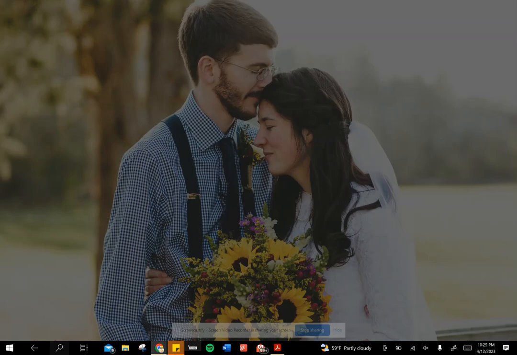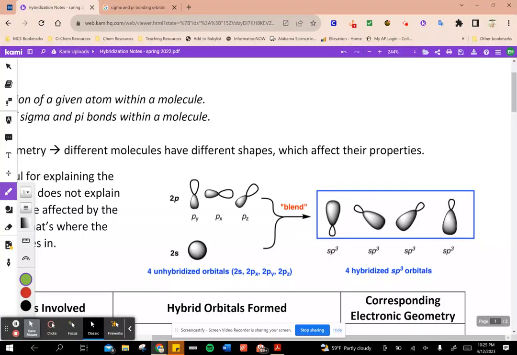And so what we're going to look at is the different ways that they do that. Now, oftentimes the orbitals will do what's called hybridization before they overlap. If we think about that word hybrid, typically that means it's a combination of things.